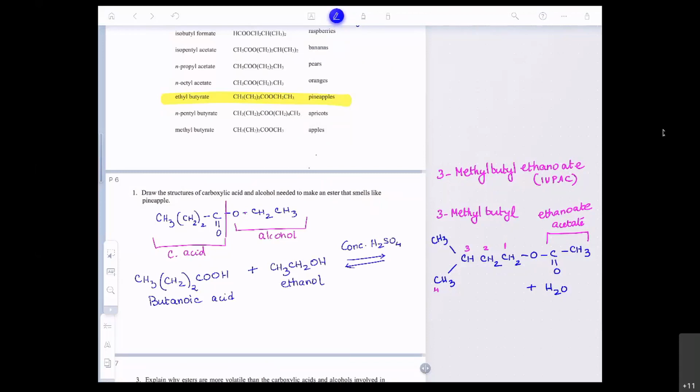That should give us our final ester. Okay, so you can just redraw that structure there. So that is how you want to decide. You want to kind of just go right through this area. I like to cut it there, but if you went to the right side of oxygen and sliced it, you still get the right answer. But mechanistically, this is how it is.